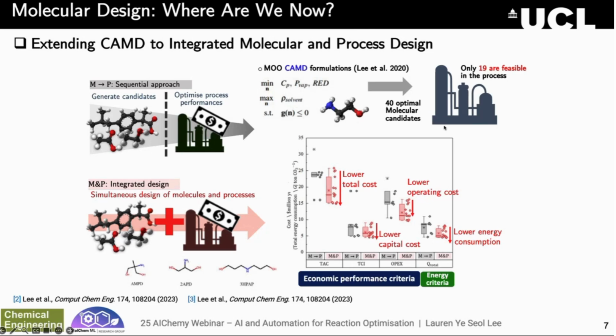So we wasted several iterations evaluating infeasible molecules. In contrast, if we use the integrated approach, where we embed process constraints directly into the molecular optimization, we always search for feasible molecules in terms of the process. And then we can identify better solvents that show higher energy efficiency and also better economic performance.